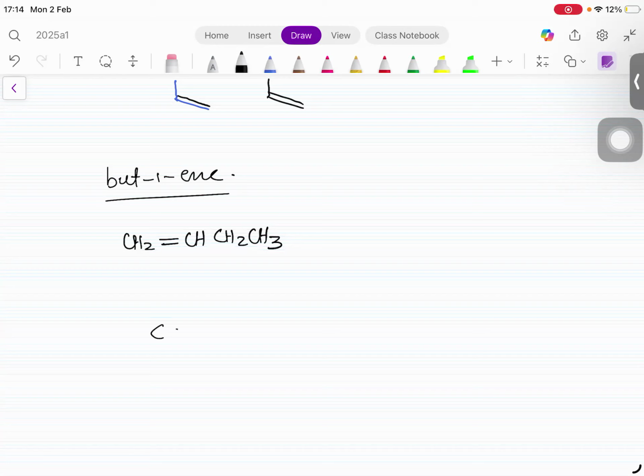As I told you, first we have to write the two carbons having the double bond. First carbon is having two hydrogens. Second one is having one hydrogen, and there is a CH2 and CH3. Now the double bond is gone. I have to write it three times.